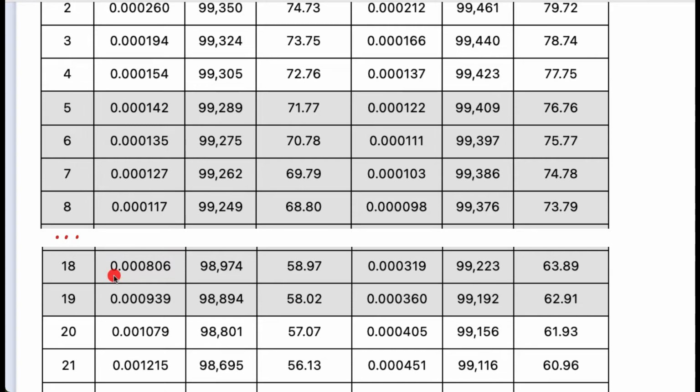Now, of course, these two columns are related to each other because if you compare this number at 18 and this number at 19 years of age, you see that 80 people out of this number here will die up to their 19th birthday. So this number here will be 80 divided by 98,974. Or in other words, a chance of dying among 18-year-olds.